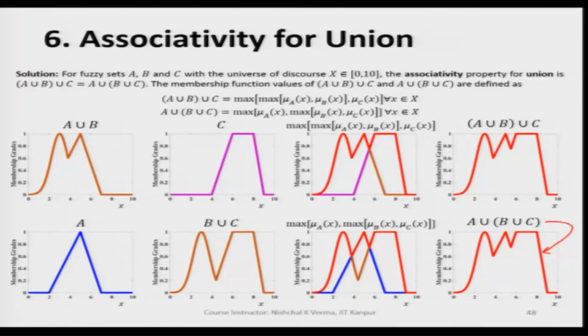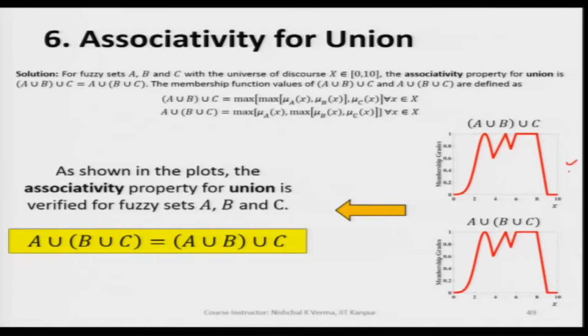So, we can clearly see here that these two outcomes are same in both the cases, means either we take A union B union C or A union of B union C. So, we can clearly say that the associativity property for union is satisfied or verified for fuzzy sets A, B and C.